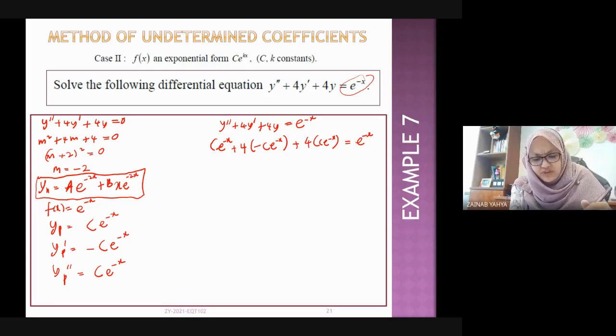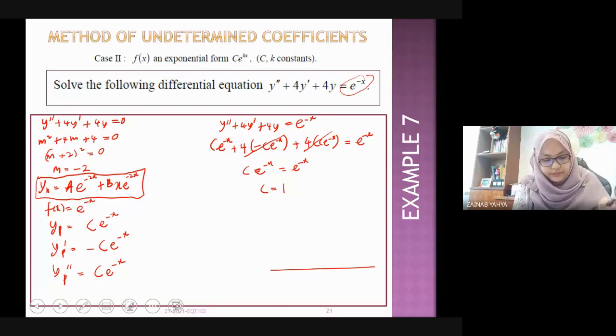Let us simplify this first. There are terms that we can cancel, right? This 4c and negative 4c. So c e^(-x) equals e^(-x), so c must be equal to 1.